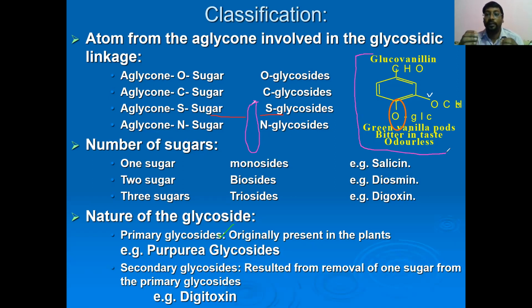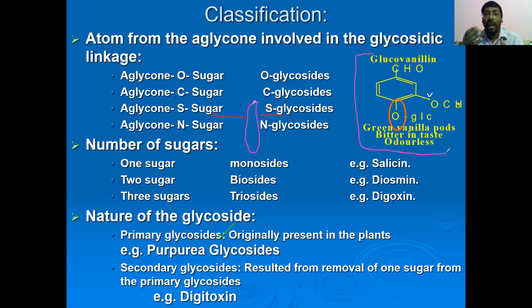This is present in green vanilla pods, and definitely if you taste the glucovanillin, it is bitter because of the aglycone portion. But if you use it in very low concentration, then you can see the vanilla flavor, like in chocolates, and you also appreciate that flavor.